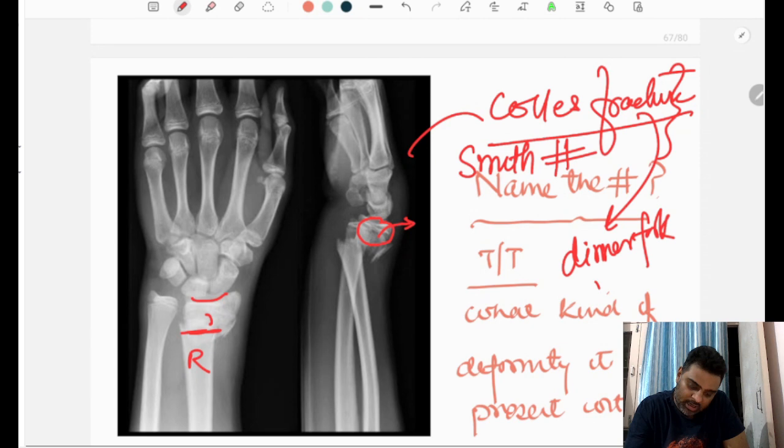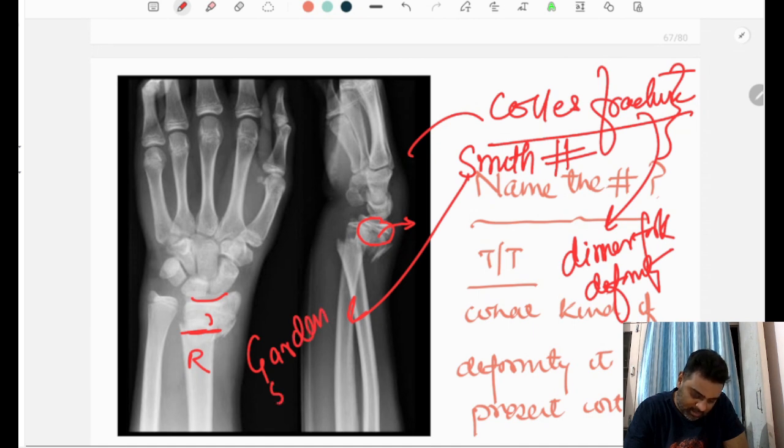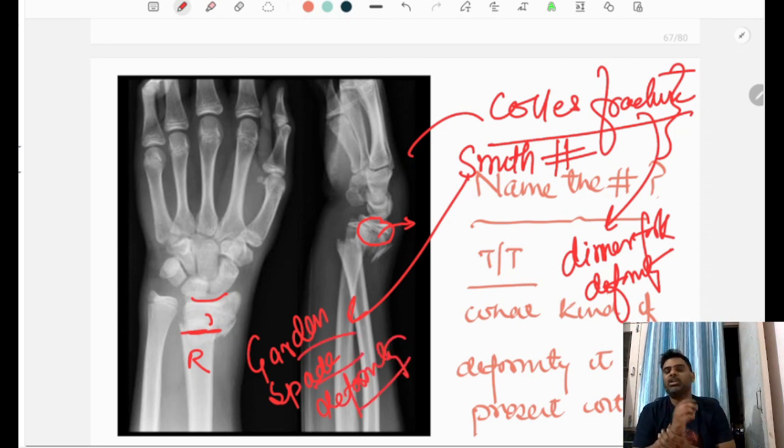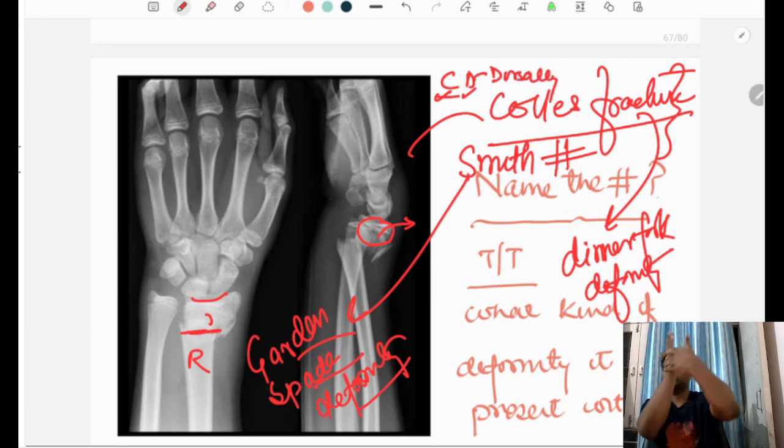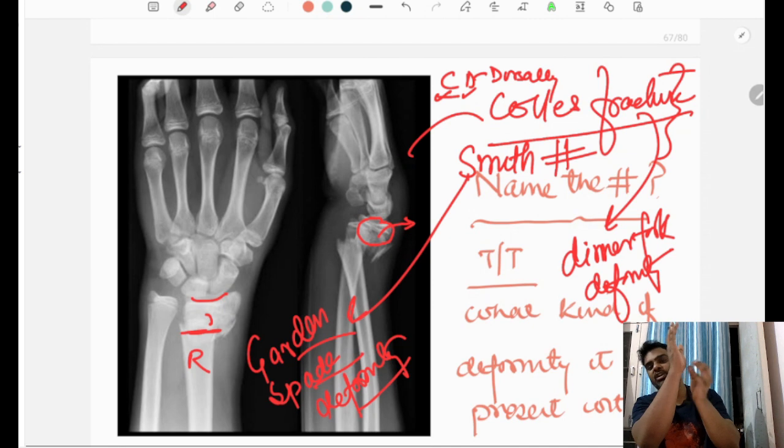And in Smith fracture, we have garden spade deformity. So please remember Colles: the distal segment goes dorsally, that is, it goes backside. If it goes ventrally towards the palm, that is Smith fracture.